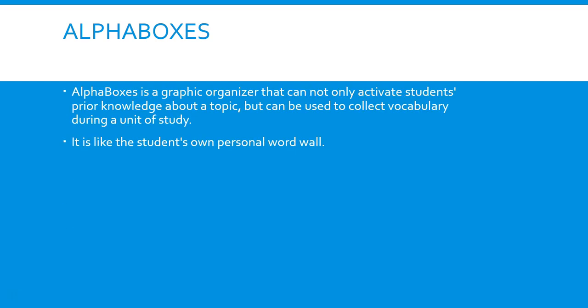One graphic organizer that has been shown to be effective is called alpha boxes. These can not only activate students' prior knowledge, but they can also be used to collect vocabulary words during a unit of study. So in a sense, it's like a student's own personal word wall.